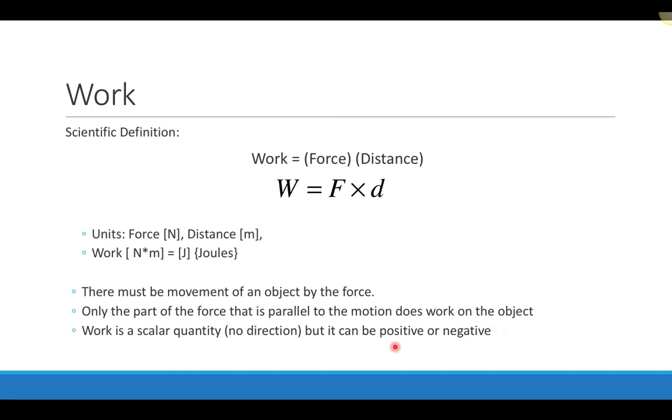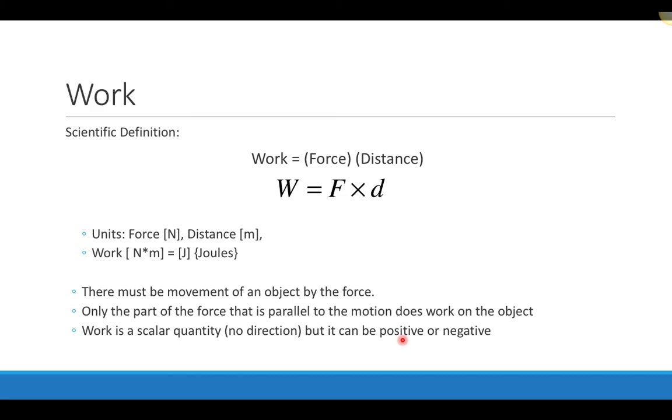The work is going to be a positive value if the force that's being applied is actually helping the object move along the direction of the motion, and the work would be a negative value if the force that's being applied acts in the opposite direction to the way that the object is moving. So an example of positive work would be if you are pushing a crate across the floor.